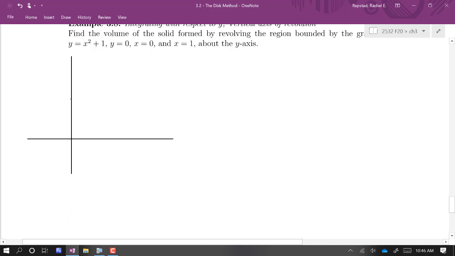So our curve is x squared plus 1. That's a parabola that opens upward and has its vertex at 0, 1. And the line y equals 0, that's the x-axis, x equals 0, and x equals 1.